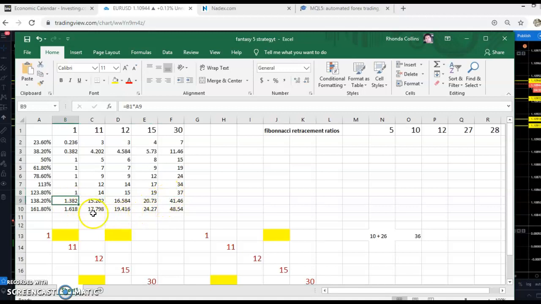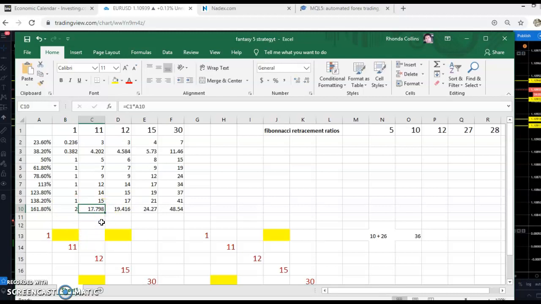It only goes up to 36, so we don't worry about that. This would still be 1. This would be 15. This would be 17. And this would be 21. This would be 41. Doesn't matter again.